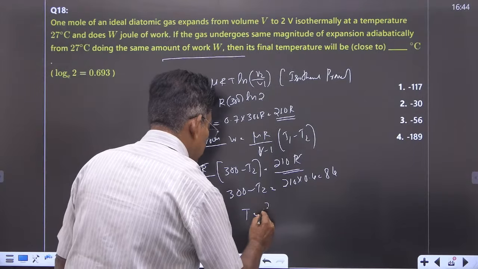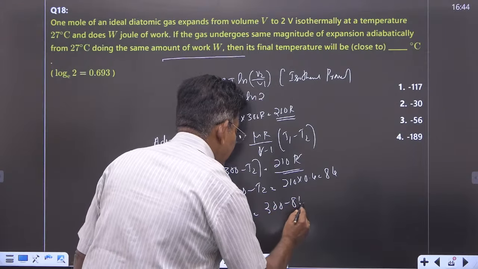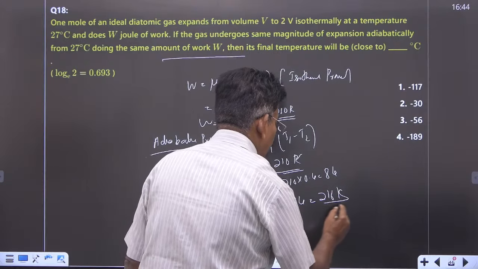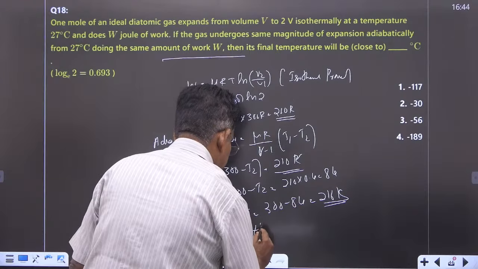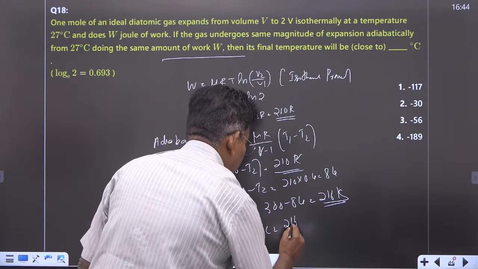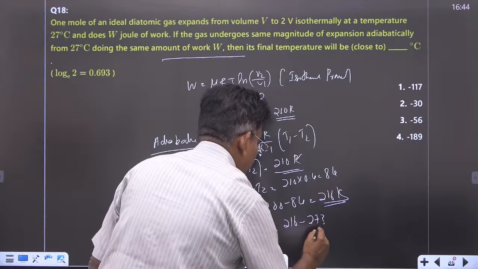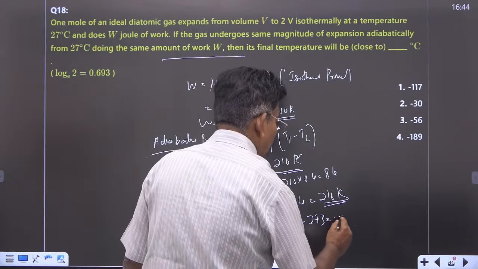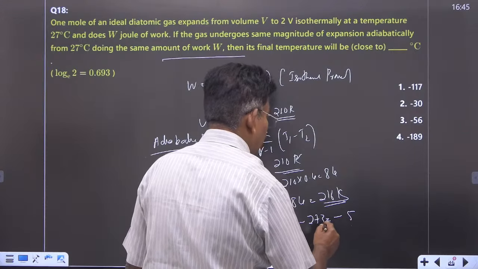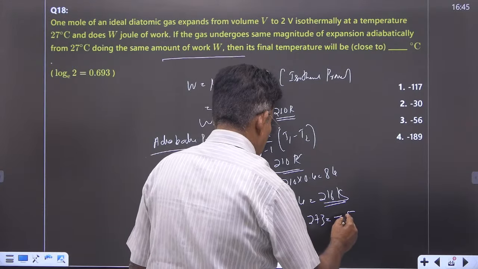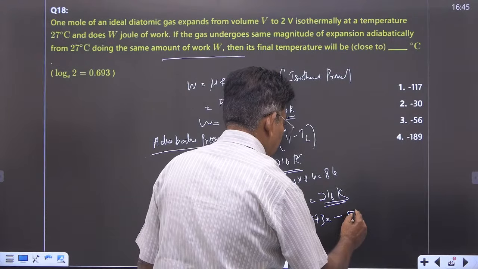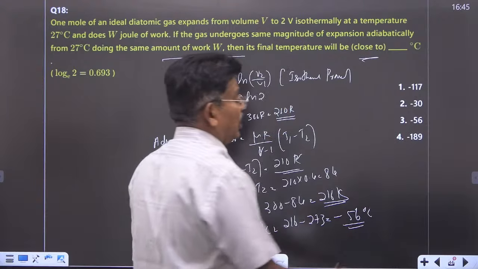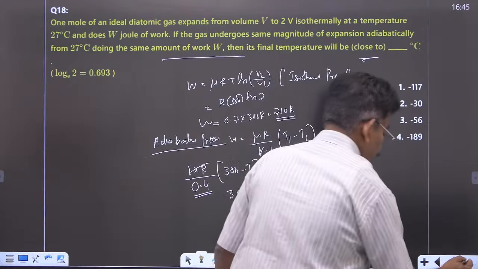Therefore, T2 is coming to be 300 minus 84, that is 216 Kelvin. Therefore, the temperature in degrees Celsius will be 216 minus 273, that is coming to be nearly minus 57, nearly minus 56 degrees Celsius. We want it close to that. So the answer is that. Okay, come on.